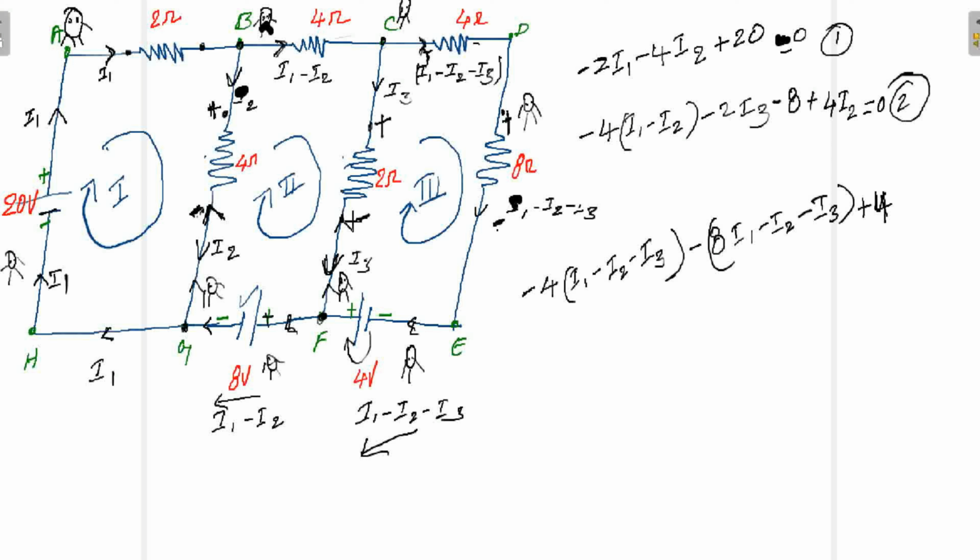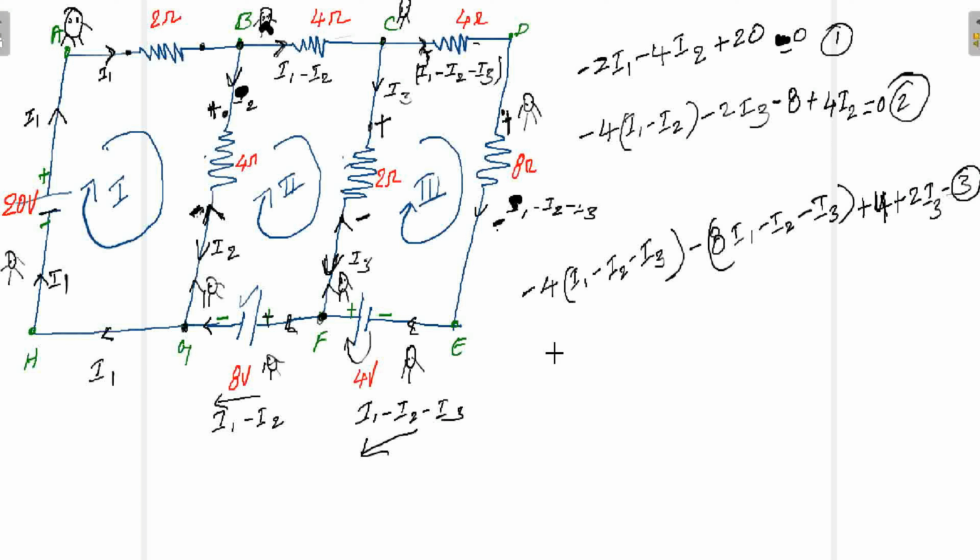You have observed that the polarity is changing from negative to positive. Negative to positive is nothing but voltage rise. What will be the voltage rise value? That voltage is the current flowing through that resistor times the respective resistance value. It is a rising voltage, that rising voltage is plus 2 into I3. This is your equation number 3.